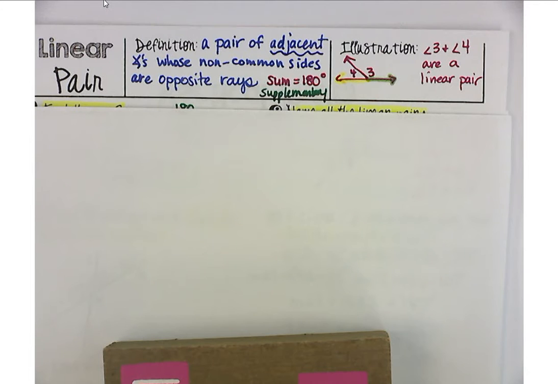Okay, so knowing that a linear pair adds up to 180, you can definitely do number 1. You probably can do all of them. But at the very least, I want you to do 1 and 2, and I'm going to give you some time to do that now.